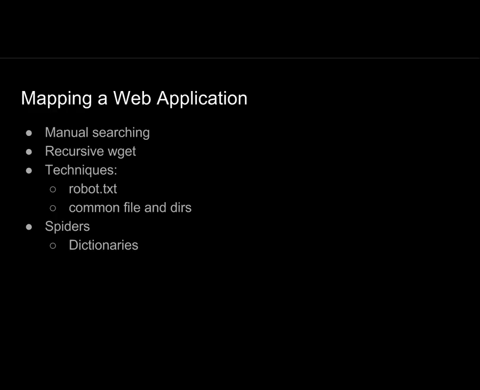So some techniques, some sites have robots.txt, which is to tell good web crawlers or web spiders, like Google's or Baidu or various search engines, which cache websites, what content not to cache.